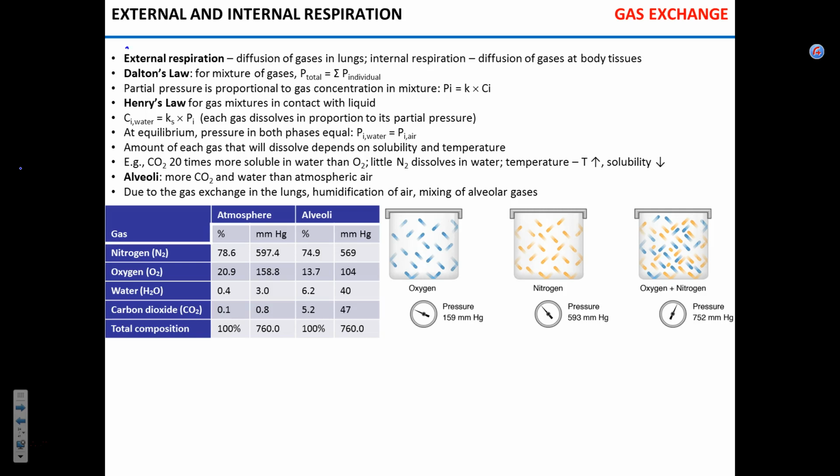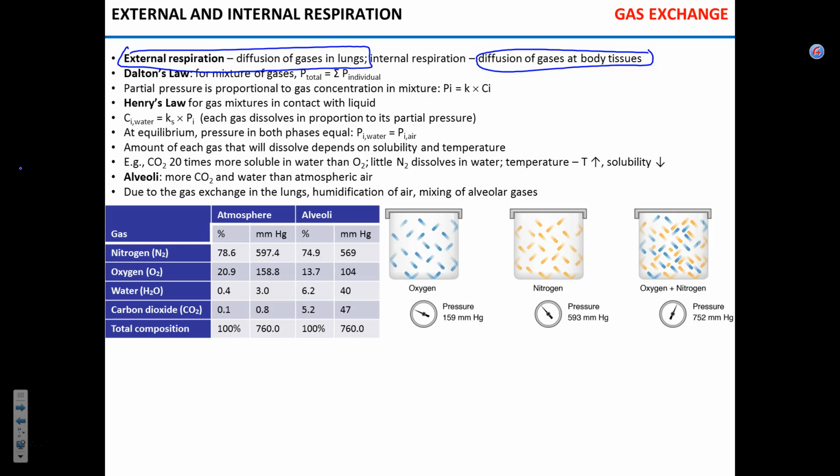External respiration refers to the gas exchange between alveoli and blood. And internal respiration refers to the gas exchange between the blood and the body tissues.